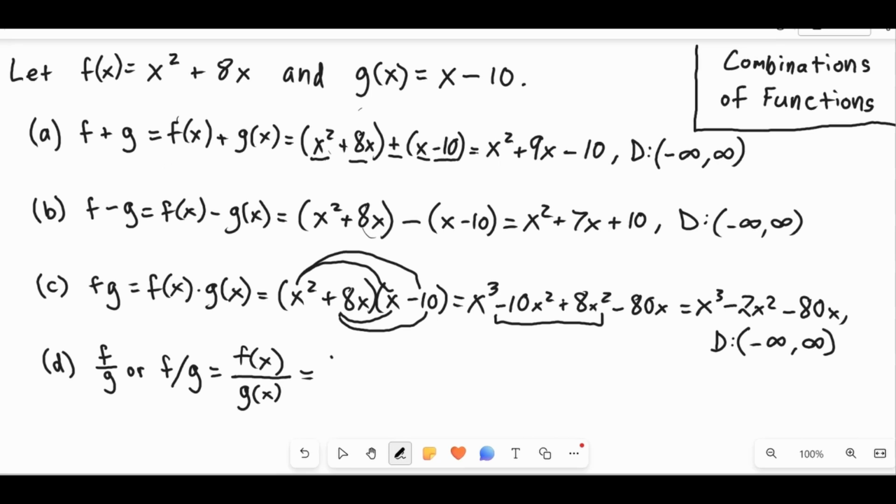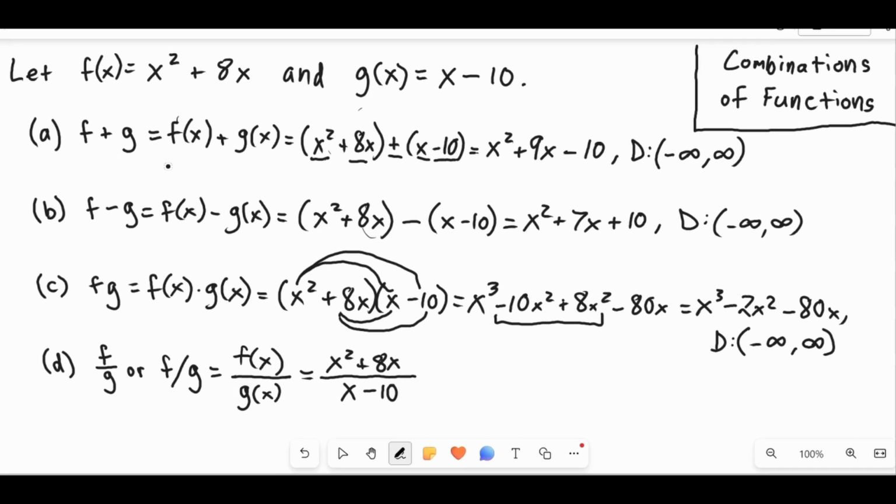Well, f of x is x squared plus 8x over g of x, which is just x minus 10. And this doesn't need to be simplified. This is about as simplified as it can be. So this is our final answer. This is the combination function f over g of x.